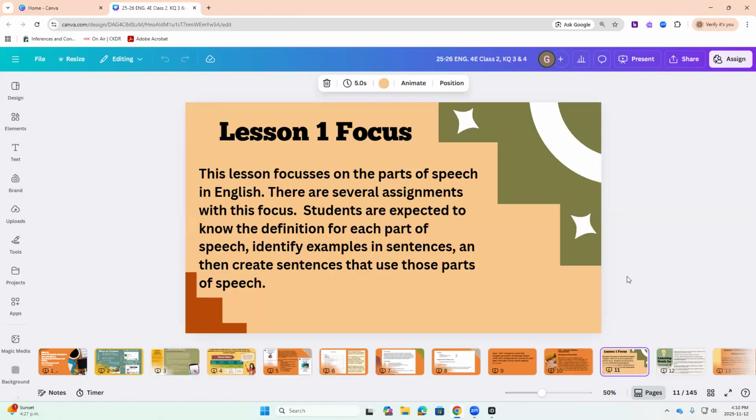The first lesson is really focusing on the parts of speech, okay? So for each assignment where we discuss certain parts of speech, I'm expecting you to know the definition, be able to identify some examples either independently or in sentences, and then be able to use what you just understood to create sentences that use those parts of speech. All right.